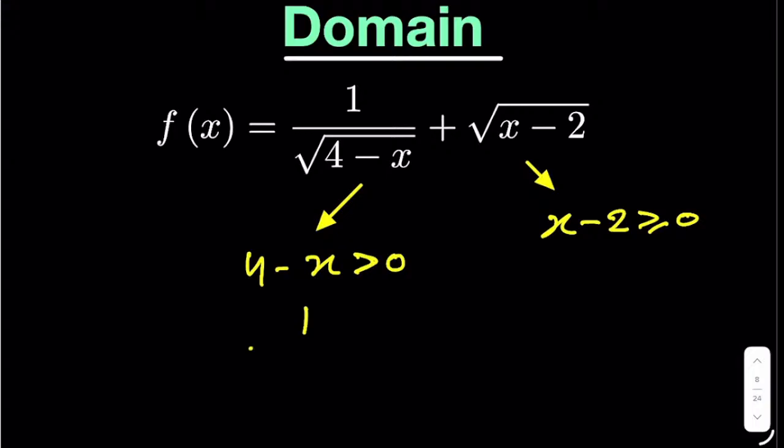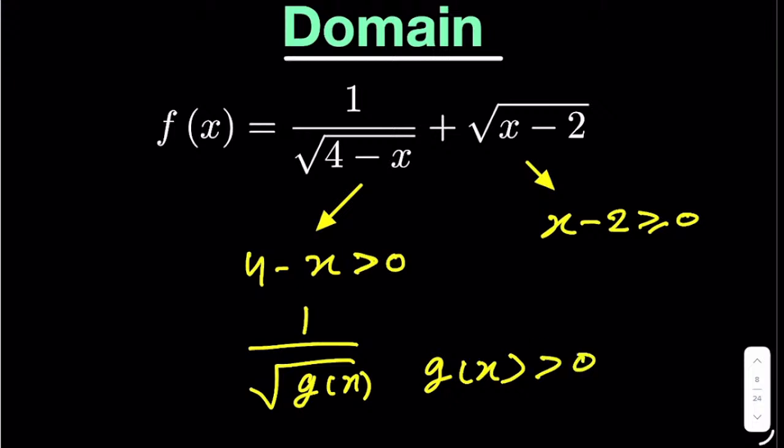Because the function is defined only if that part is greater than 0, not equal to 0. Why? Because if it equals 0, then 1 by 0 is infinite. That's why it is not defined.